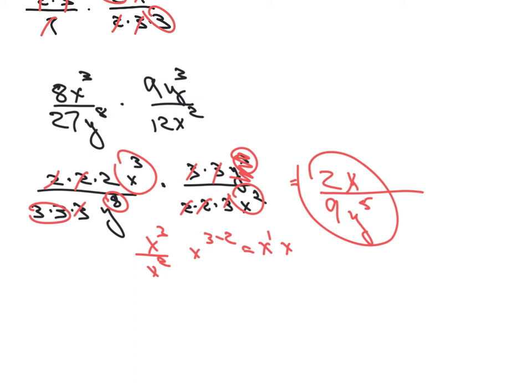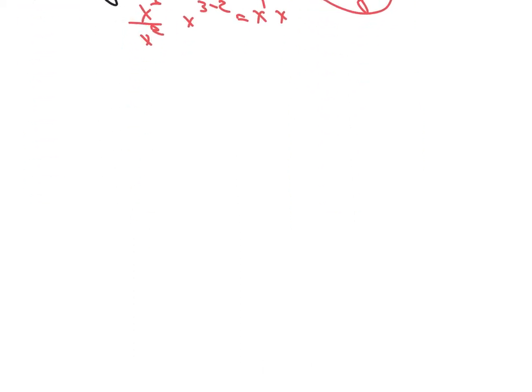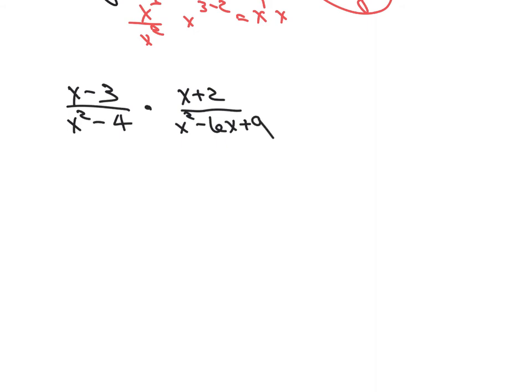All right, so let's look at example 3. Example 3 says x minus 3 over x squared minus 4 times... okay, notice my numerators here cannot be reduced anymore.